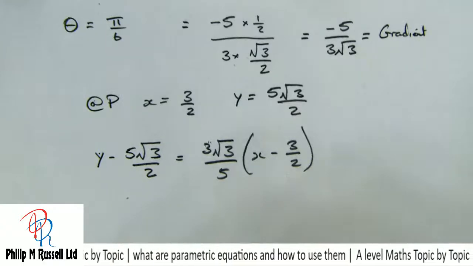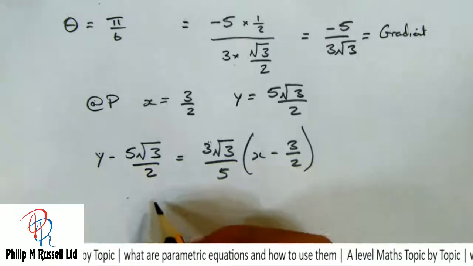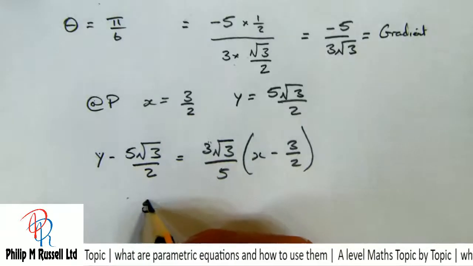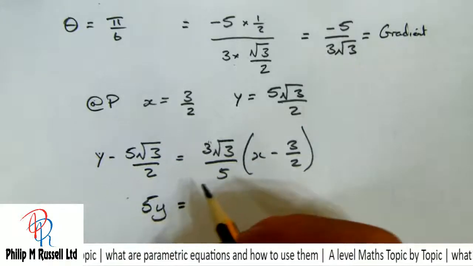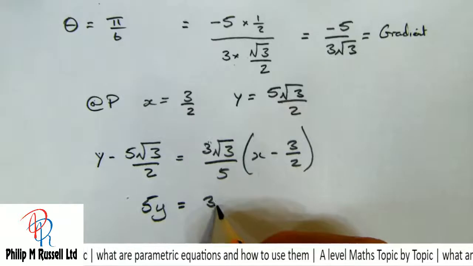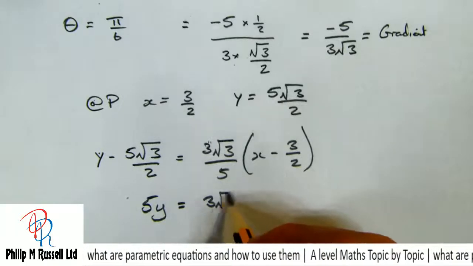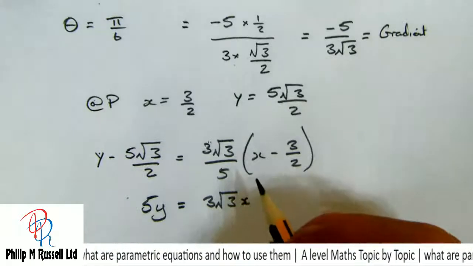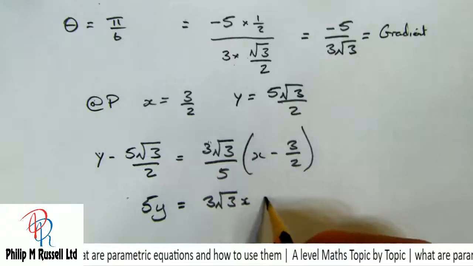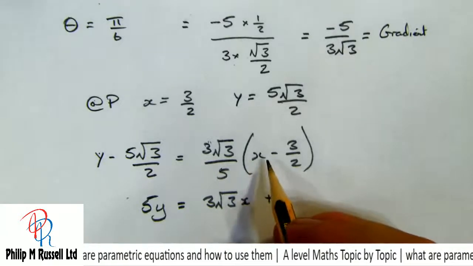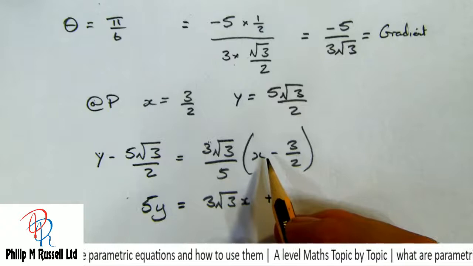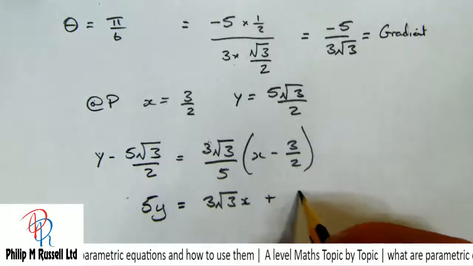And if we multiply the 5 over that side, I'm going to say that 5y equals 3 root 3 x plus 8 root 3.